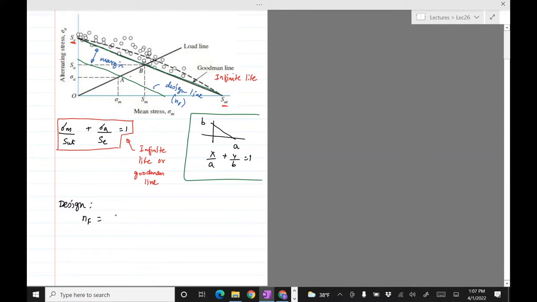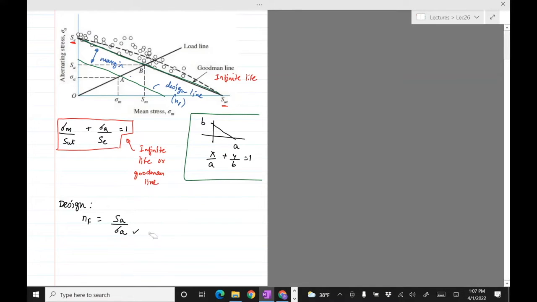So NF is the maximum stress, and we are just going to scale the stresses. If SA is the maximum stress at failure, sigma A is the design stress. So we always want sigma A to be less than SA by a factor of NF.